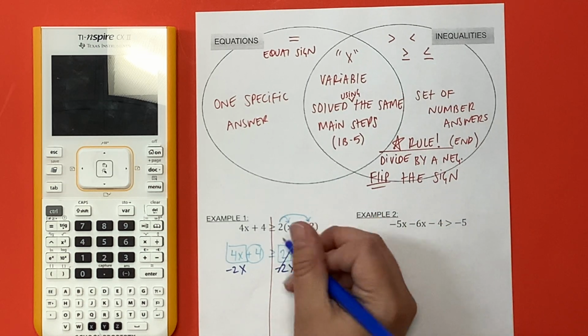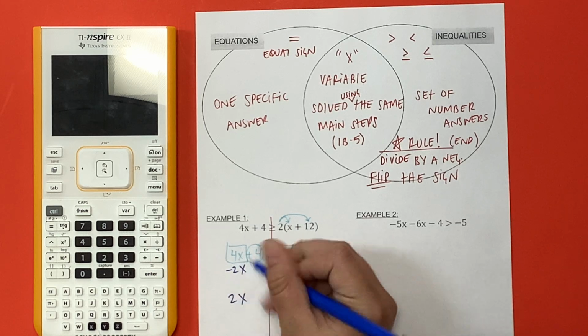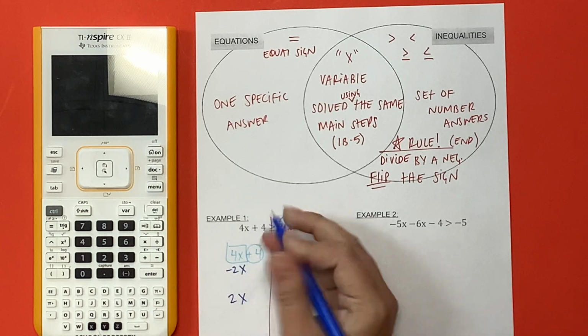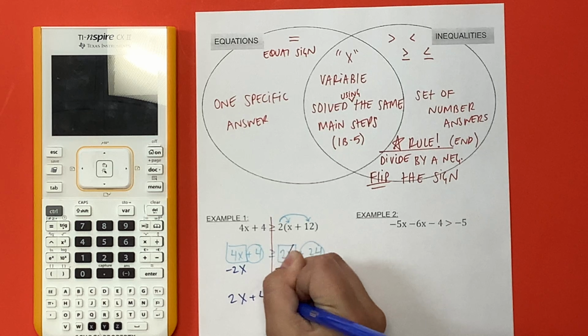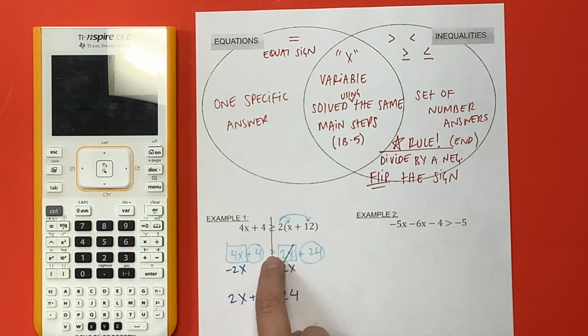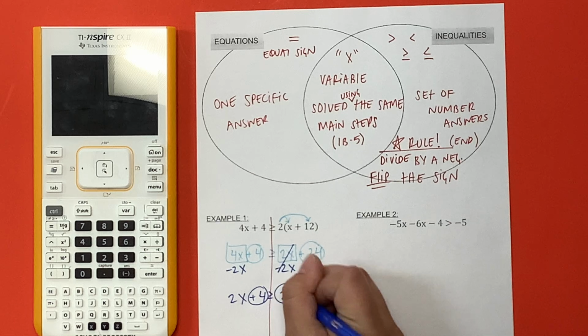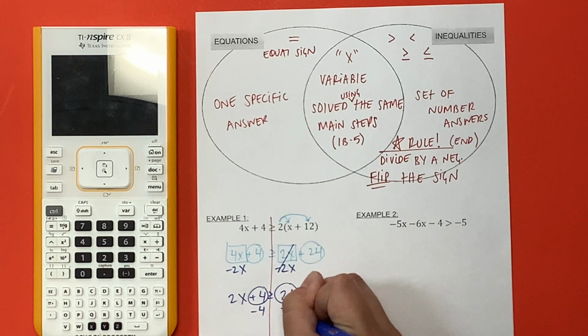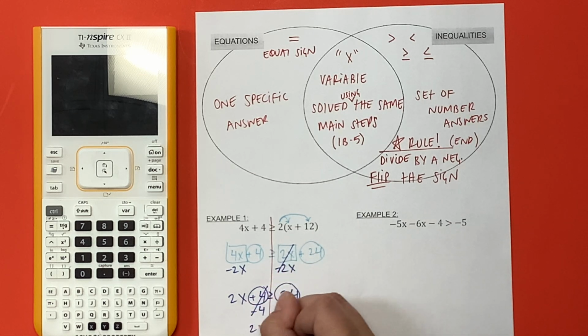So that goes away. I am left with 2x over here because 4x minus 2x is 2x, plus 4, and then 24 on this side. Notice I'm copying the same exact symbol all along the line. I'm not putting an equal sign anymore. I still have some like terms, so I'm going to subtract 4 from both sides. I am left with 2x.